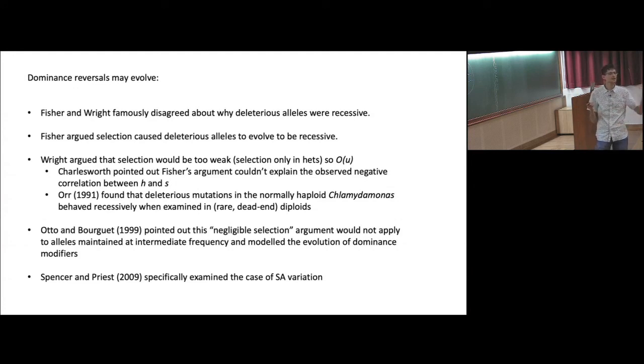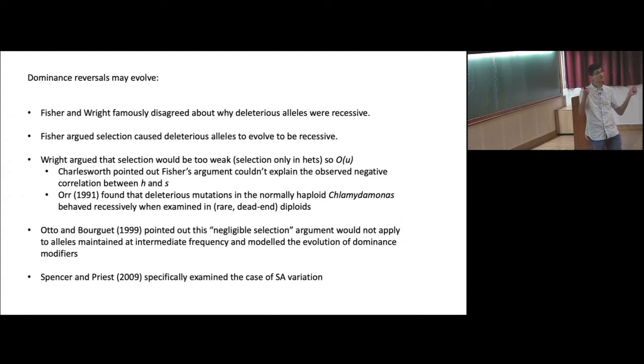Instead, Wright argued it was probably some mechanistic or physiological reason for why deleterious alleles tend to be recessive. And we tend to think that that was largely right. Historically, Brian Charlesworth pointed out that Fisher's argument couldn't explain the observed negative correlation between how dominant an allele was and what its homozygous selective effect was.